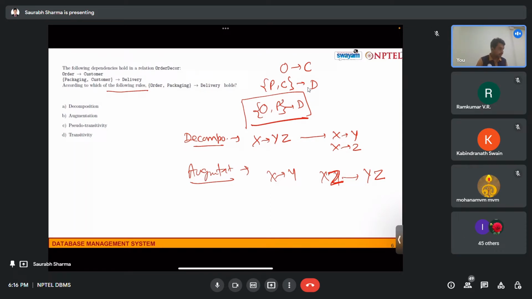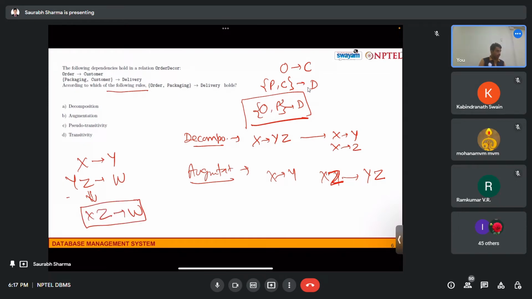Then there is pseudo transitivity. What does it tell? It tells that if X determines Y and YZ determines W, then we can infer that XZ determines W. How can we prove it?